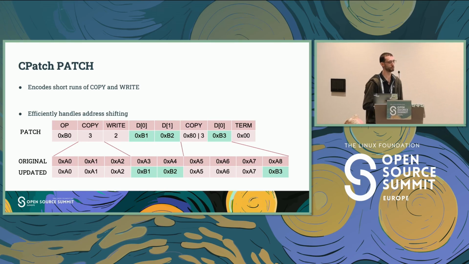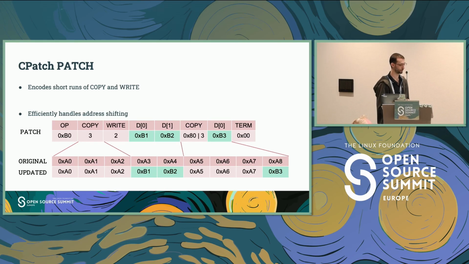What we have observed in practice is that a lot of real patches have n bytes of copy, 1 byte changed, n bytes copy, 1 byte changed again. Now, if each of these copy and writes was done naively, then each of these 1 byte writes would take 2 bytes of patch data, right? One for the opcode or the metadata, and one for the actual byte itself.